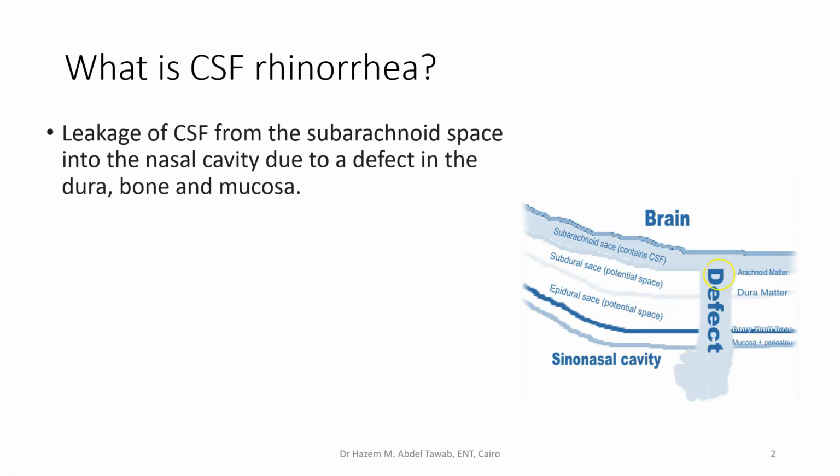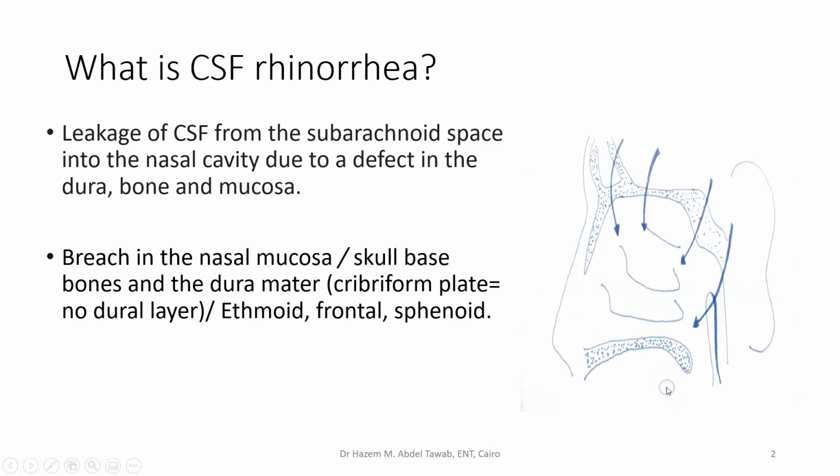So in order to have CSF in the nose, we need a defect. This defect will communicate the subarachnoid space with the nasal cavity. It means a breach in the dura, a breach in the skull bone, and a breach in the mucosa and the periosteum, so that the CSF will go from the subarachnoid space into the sinonasal cavity.